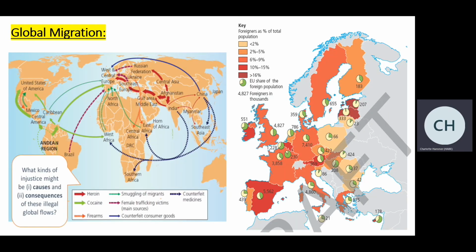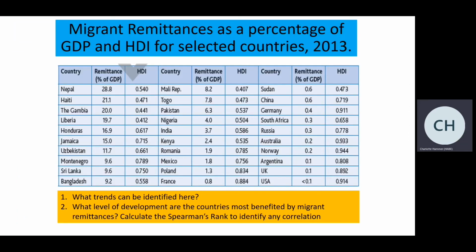And migration becomes another quite large part of time, not as big as the previous topic, but we do spend some weeks looking at migration and obviously linked with globalisation. And so remittances, for example, the second most valuable flow of money to oil, petrodollars, migrants sending money home.